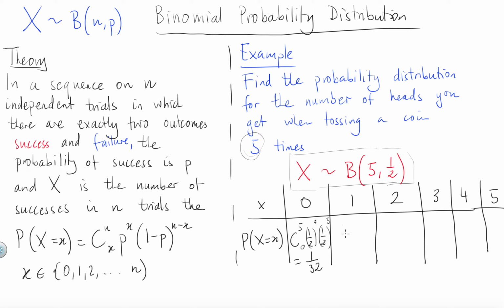However, for the probability of getting 1 head, we have to do 5C1, 1/2 raised to the power 1, times by 1/2 raised to the power 4. Don't know if you can see that there, so I'll just make that a bit clearer. 1/2 raised to the power 4.